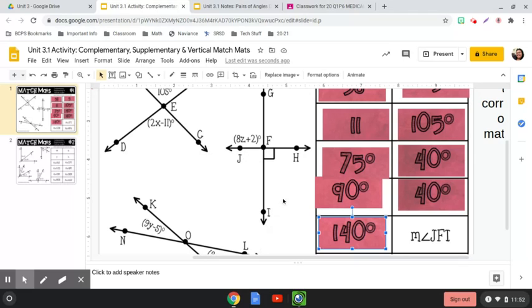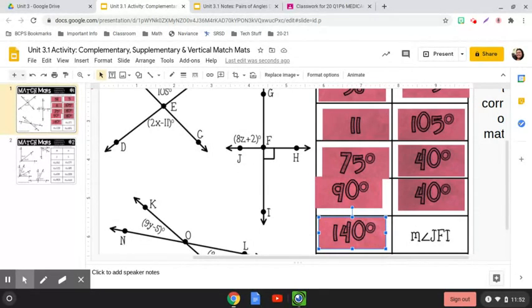Angle JFI and angle HFI form a linear pair. Not only do they form a linear pair, this is a 90-degree angle, so these angles are going to be congruent because 180 divided by 2 is going to be 90.